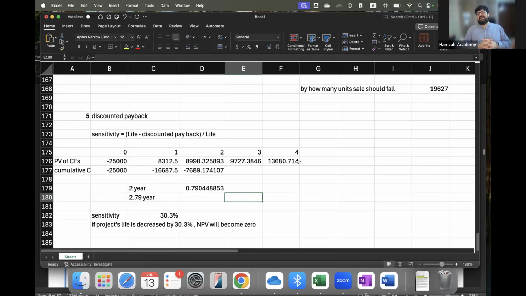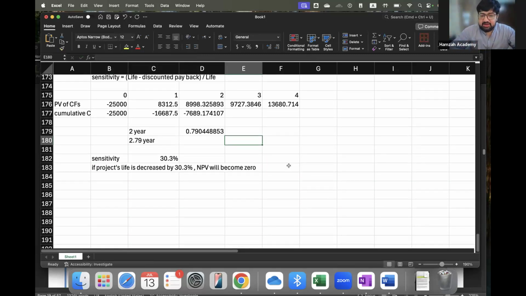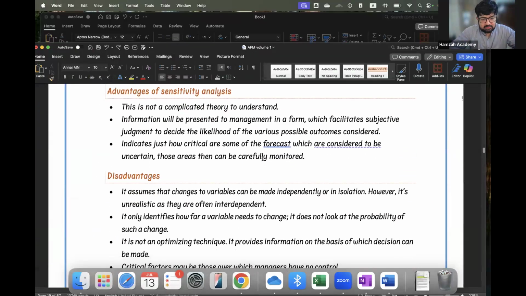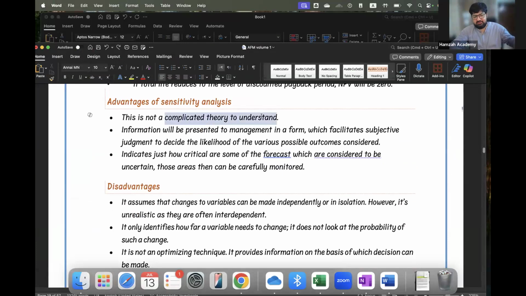That is sensitivity analysis. But sensitivity analysis has certain drawbacks we should talk about. Advantages of sensitivity: not complicated. It helps to identify the critical variable. Which are the critical variables?